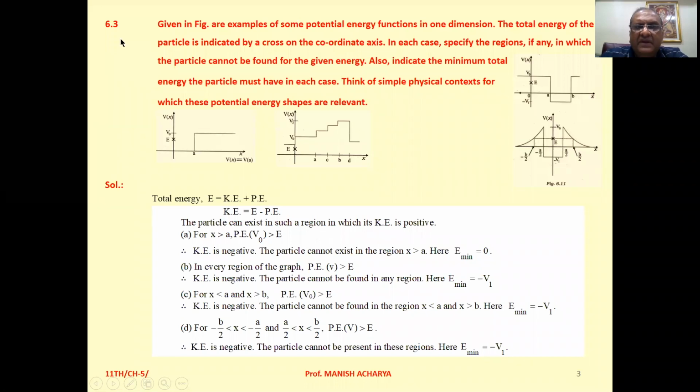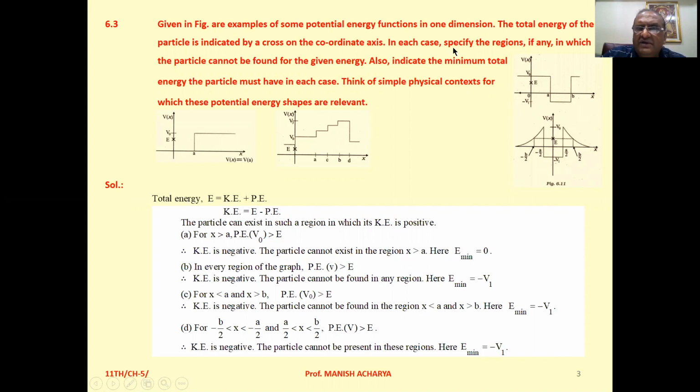Now see, example 6.3. Given in figure are examples of some potential energy functions in one dimension. The total energy of the particle is indicated by a cross on the coordinate axis.